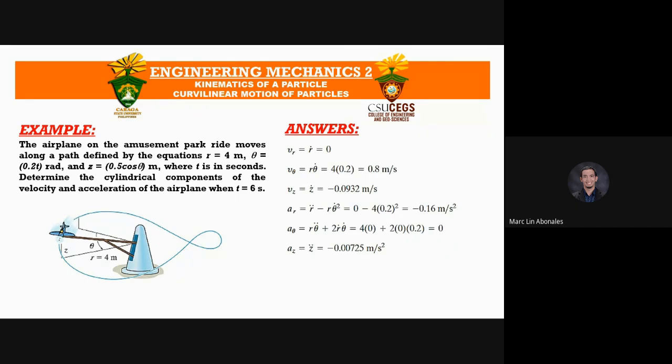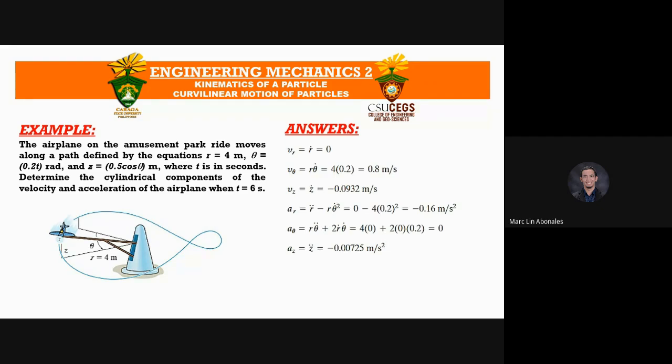For the third example, this is actually an airplane on an amusement park ride that moves along a path defined by the following equations.